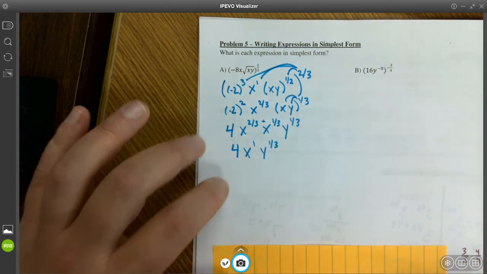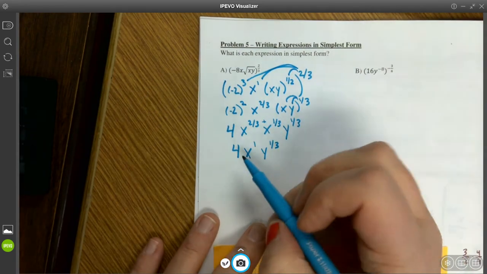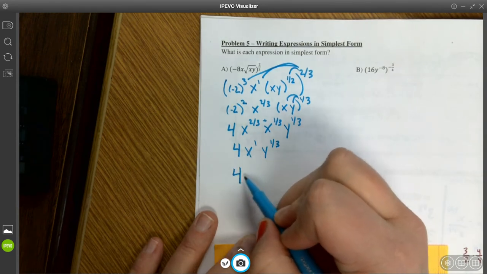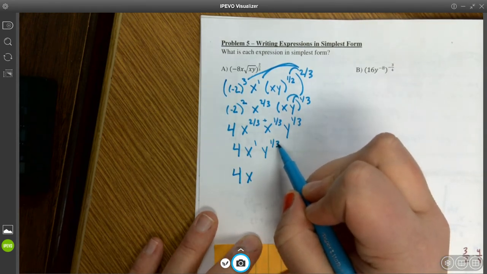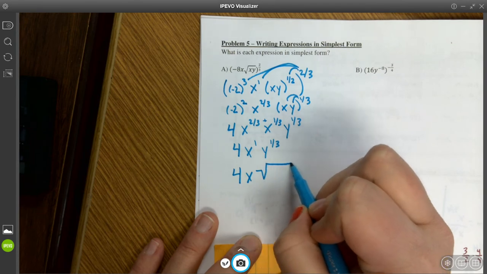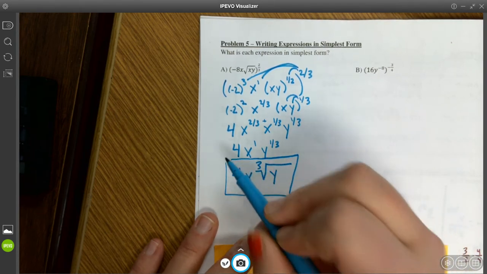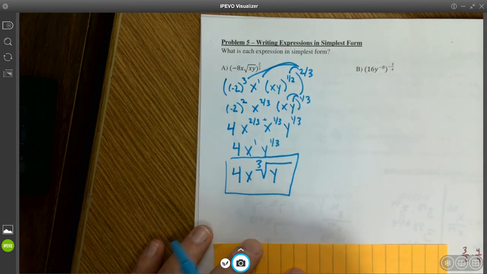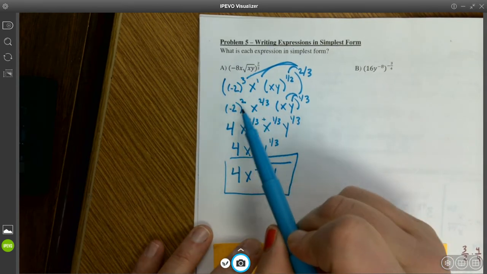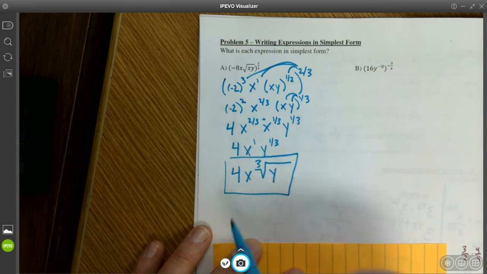You should not leave your answer with a fraction exponent. So in this case, I have 4x. My index here will be 3. Cubic root of y. Again, it's positive because right here, when we did this squared, it was a positive number.